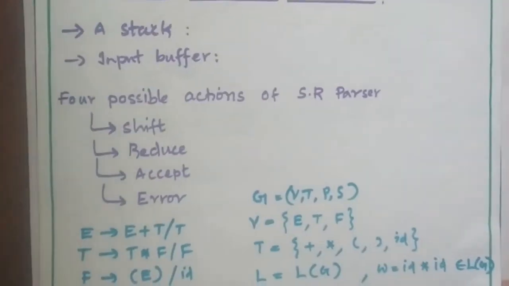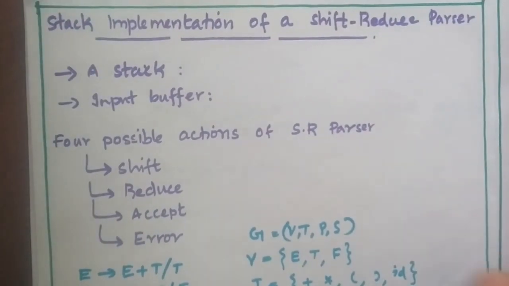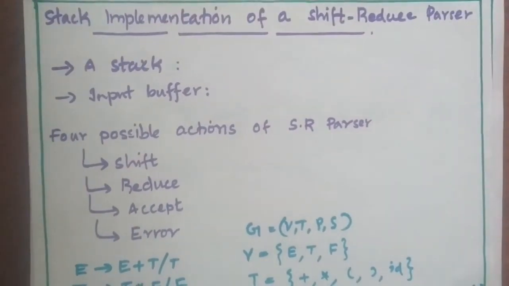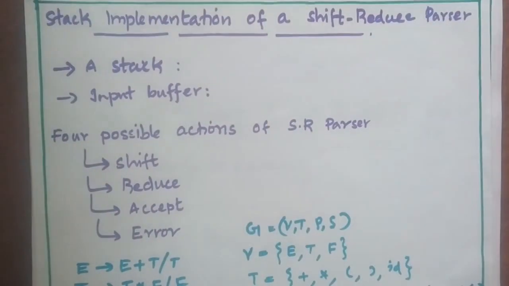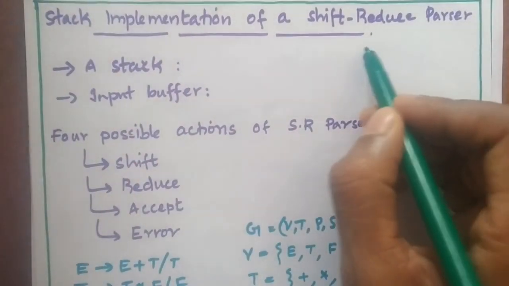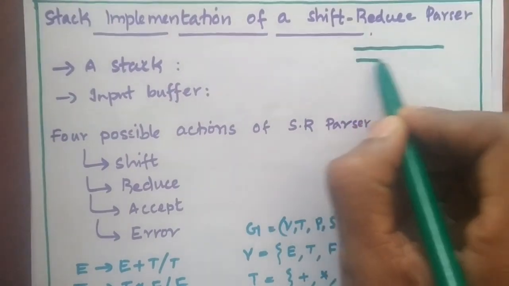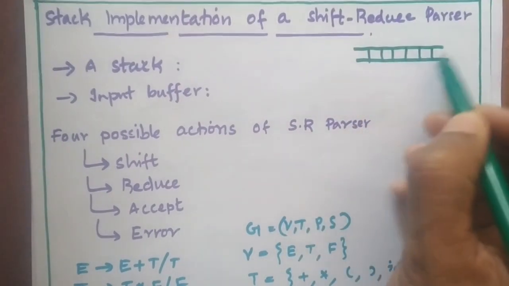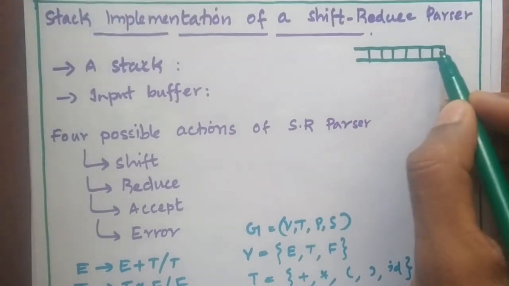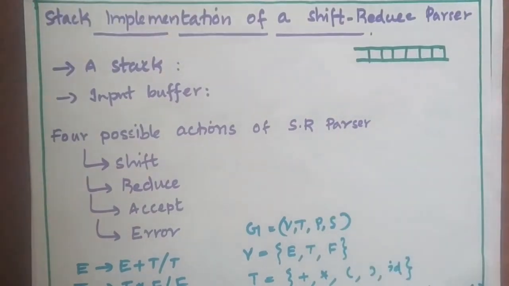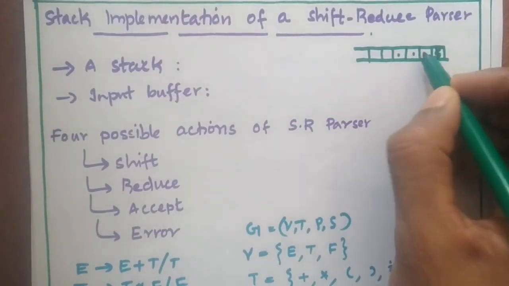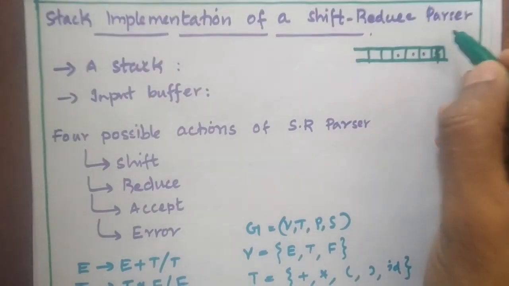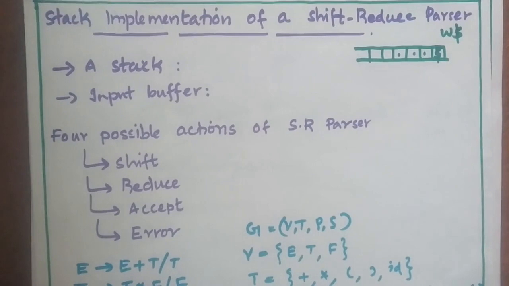So let us see a shift reduce parser and its implementation: a stack implementation of a shift reduce parser. Usually the model consists of an input buffer, where we store our input string ending with $. Dollar indicates the end of the input string.